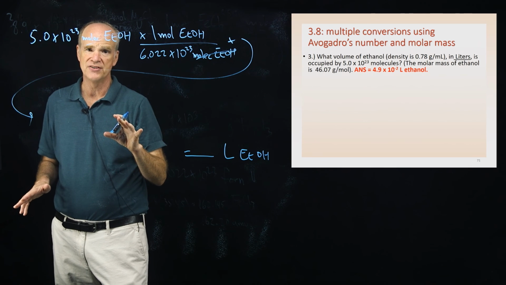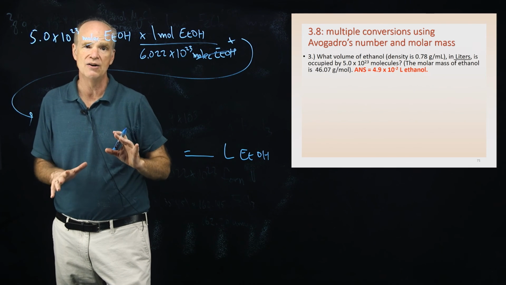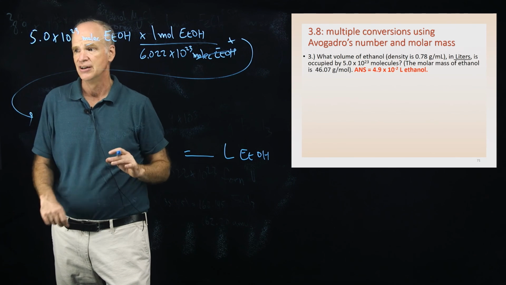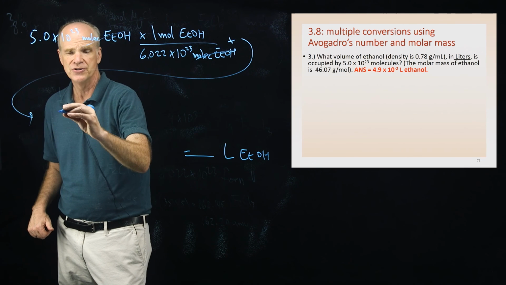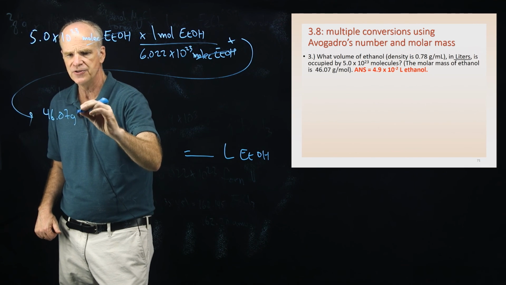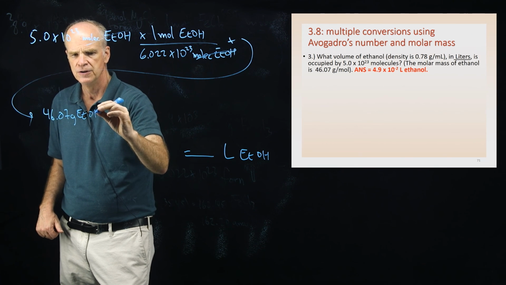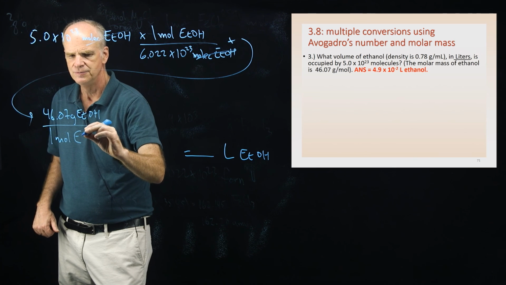You need to know the molar mass of ethanol. You could, if given a formula, work out what the molar mass of ethanol is. But fortunately, we're given that. So it's 46.07 grams per mole. So it's times 46.07 grams of ethanol in 1 mole of ethanol.